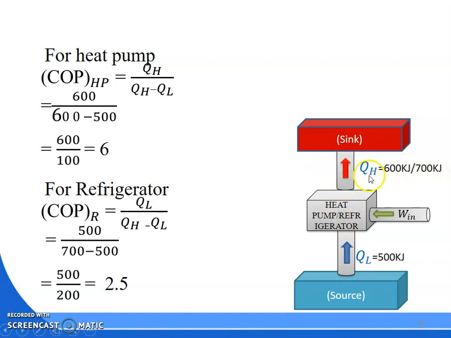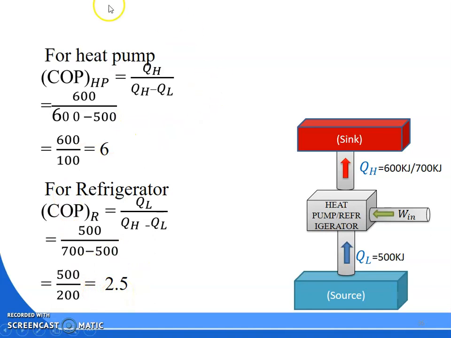So for the refrigerator QH is 700, QL is 500. So COP is QL by QH minus QL, because desired output by work input. The desired output is low temperature heat. QL by QH minus QL, that is 500 by 700 minus 500. So 500 by 200, that is your 2.5.